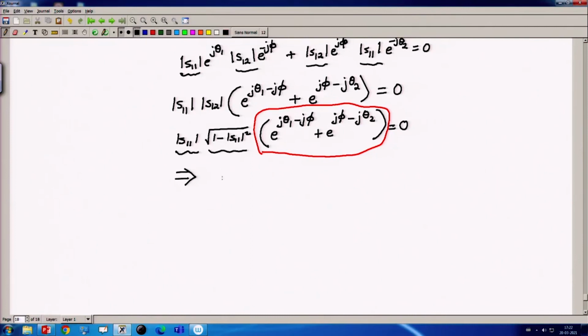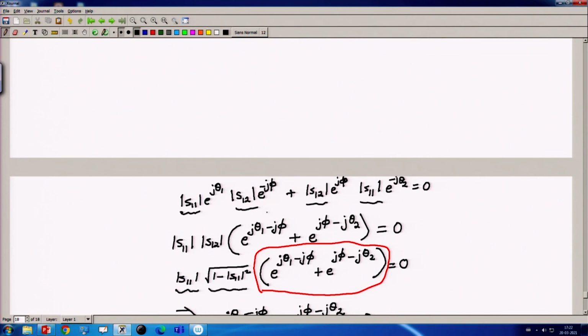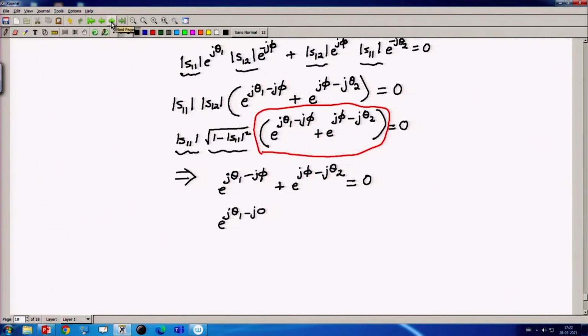So, therefore, we say e to the power j theta 1 minus j phi, that must be equal to 0. And from here I can say.